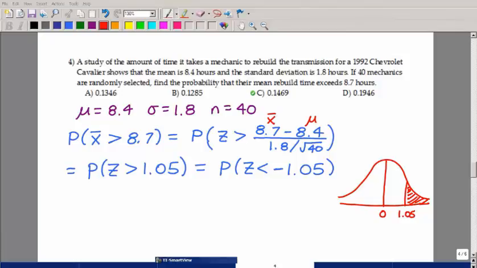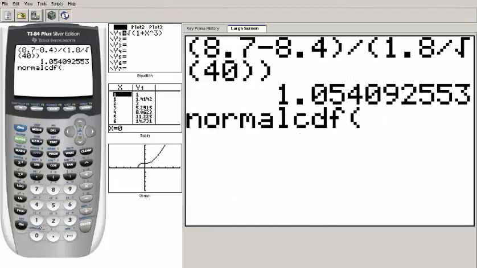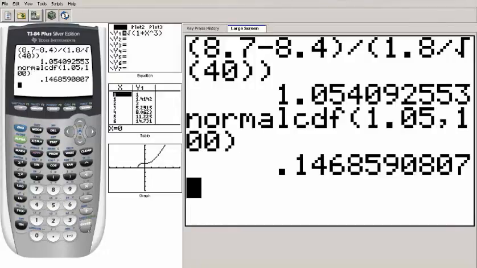So look up negative 1.05, or normal CDF would be second distribution, normal CDF, 1.05, comma 100 for positive infinity. So it looks like it's about 0.1469.